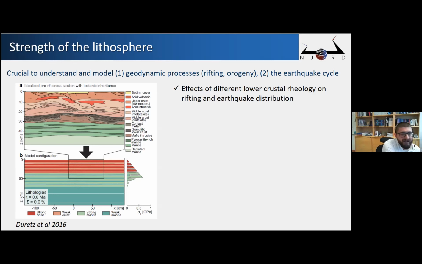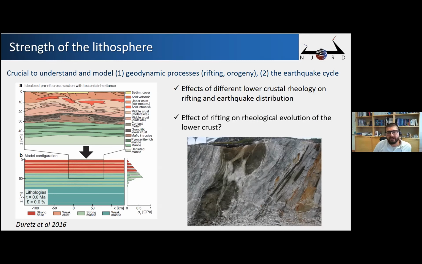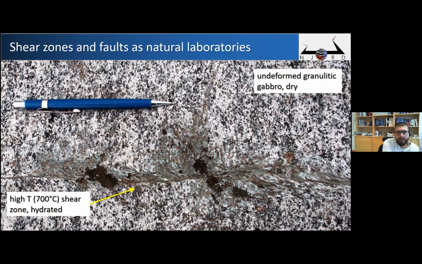But what is perhaps a bit less explored is the effect of rifting on the rheological evolution of the lower crust. How can the lower crust be modified by rifting and the associated metamorphic modifications experienced during rifting? This is the window that I'd like to open today.